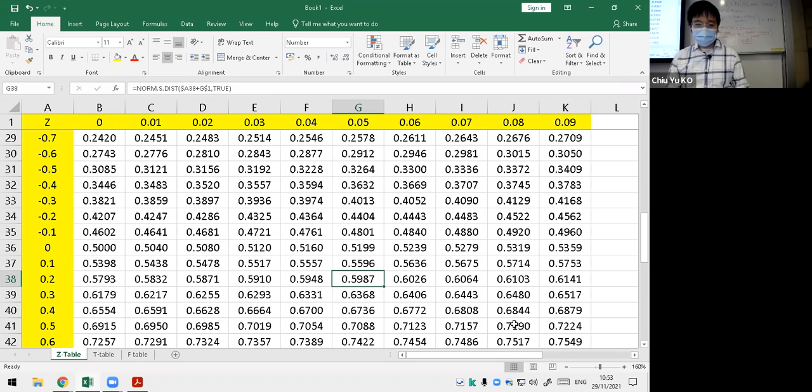Negative 0.75 is here, 0.2878, right? And you do the subtraction. That's the answer. Is there any question? Thank you. Next question.